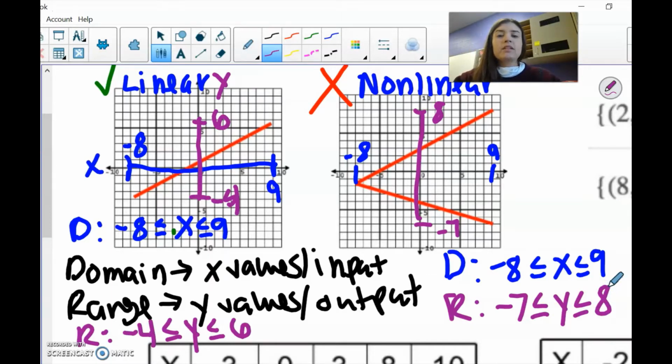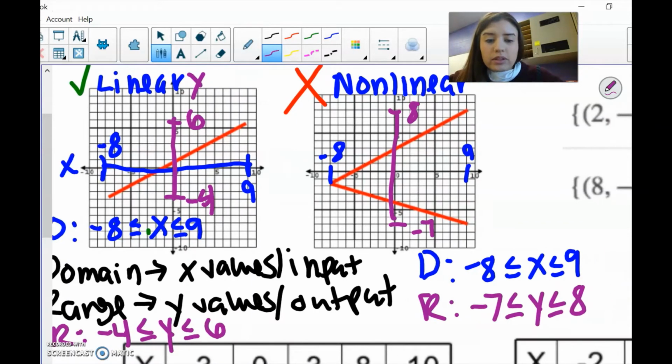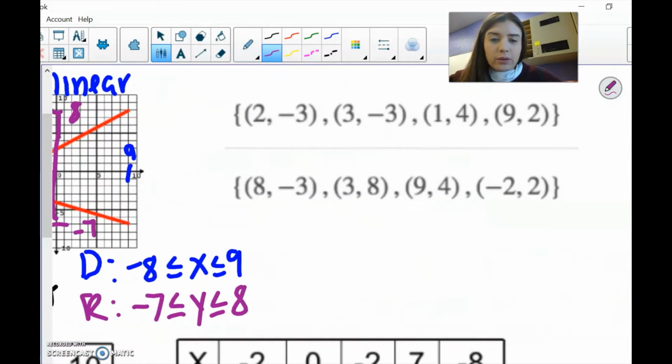Okay, so to remind you, function, vertical line test, linear or nonlinear, whether it's a line or not. Domain is our x-axis, our x values. Range is our checking our y-axis, our y values. Now, real quick, let's talk about ordered pairs.